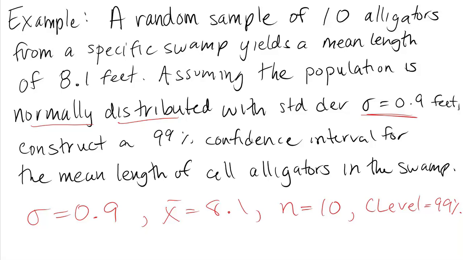Before technology was prevalent, you would just look up the number of standard deviations in a table. For 99%, it was a certain number of standard deviations. You would just look that up. With technology, that's no longer necessary. We can just tell the technology what the confidence level is, and it will determine the appropriate number of standard deviations. So let's run these inputs in the calculator.